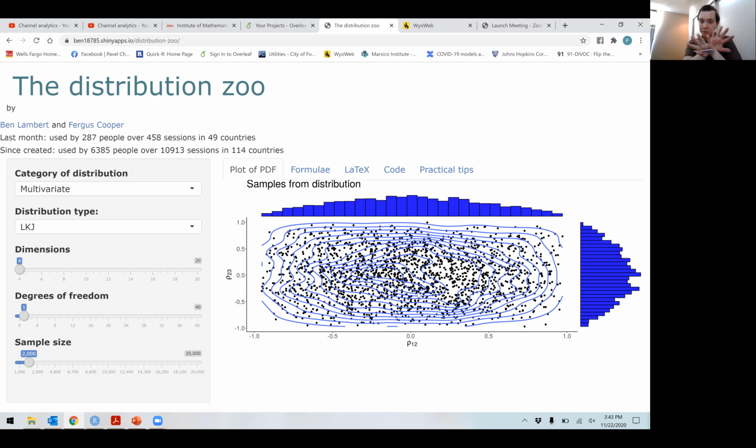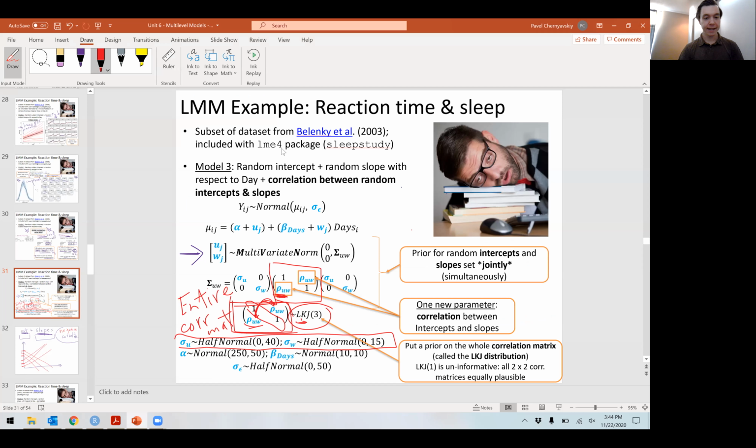But you will see that we're sort of filling out the entire space. We're allowing for some very high correlations, and we're allowing for some very low correlations. We're allowing for this correlation parameter and this correlation parameter to be around 0. We're allowing for both of them to be around 1. We're allowing for one to be at 1, one to be at -1, or very close to 1 and -1. In fact, LKJ 1 is completely uninformative.